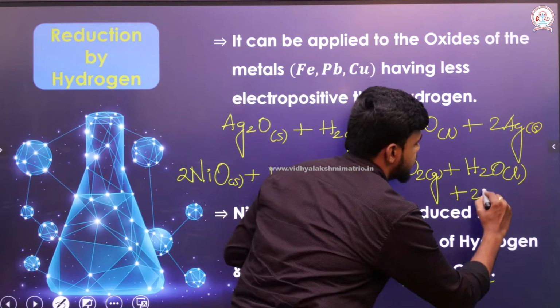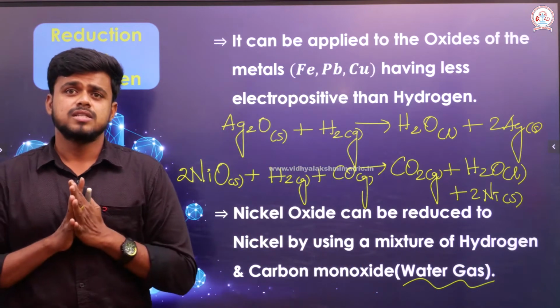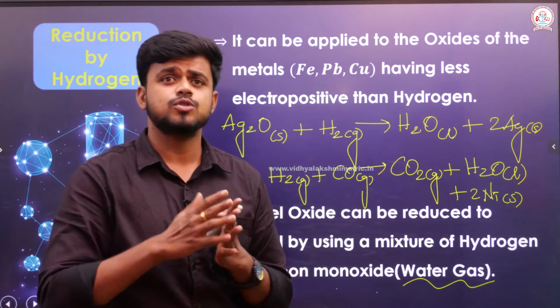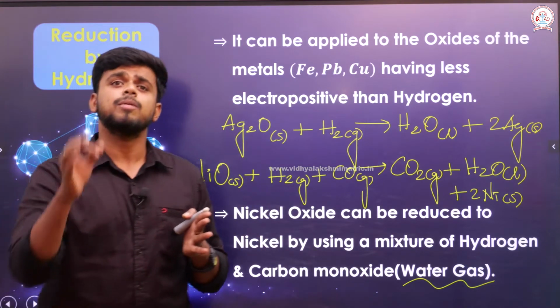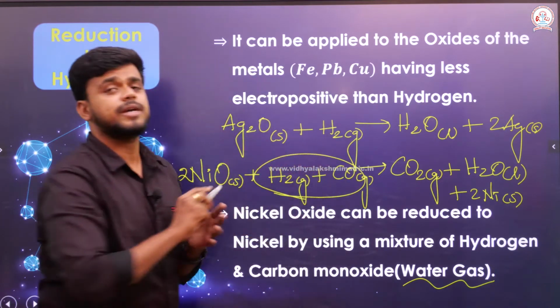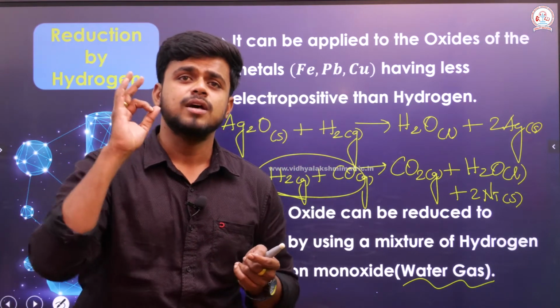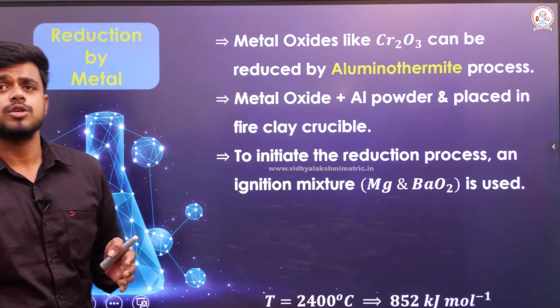So, 2 moles of nickel will be separated so easily. So, this is a reaction to show that hydrogen can reduce a metal oxide with the help of carbon monoxide. A combination of hydrogen and carbon monoxide is called water gas. Then we will head into the next reduction process.